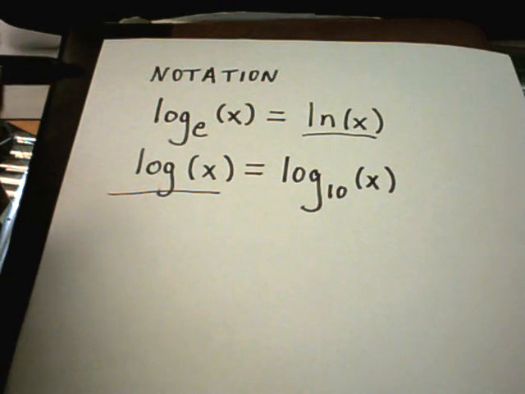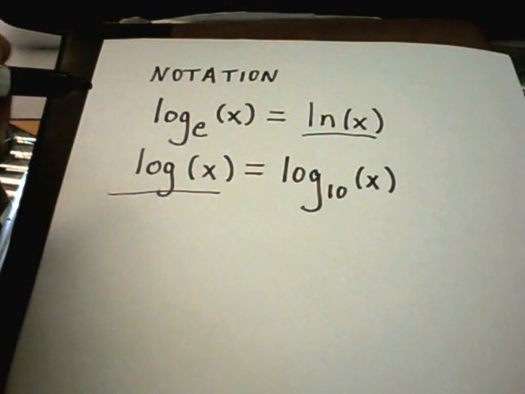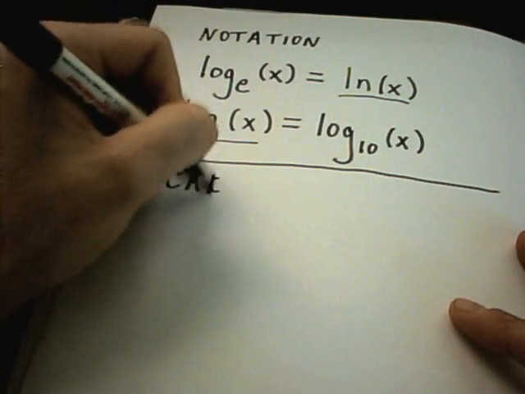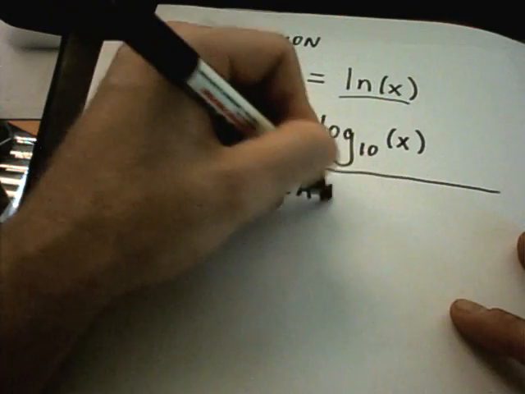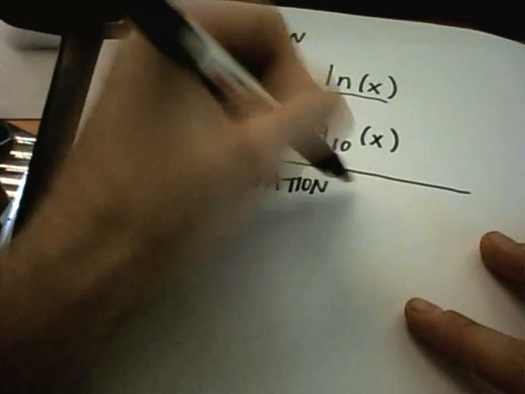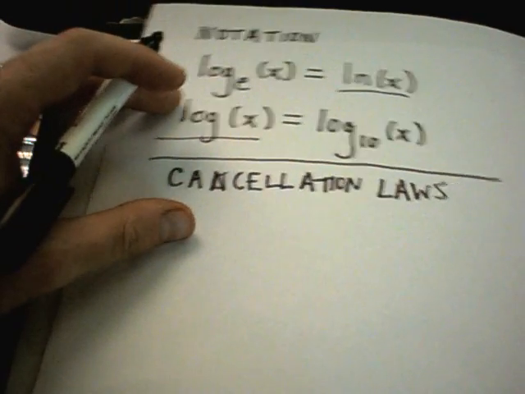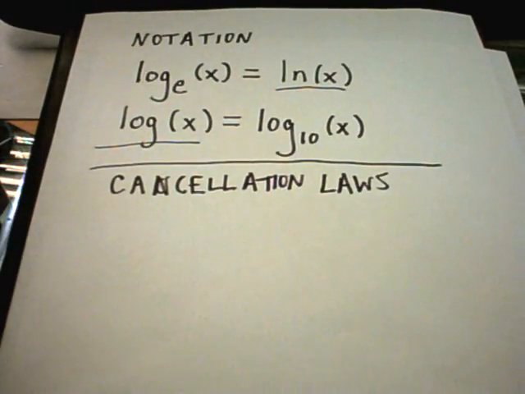Probably the last important property to really talk about with logarithms are what are known as cancellation laws. Okay, so the cancellation laws. And what this says is, these again tie into exponential functions.